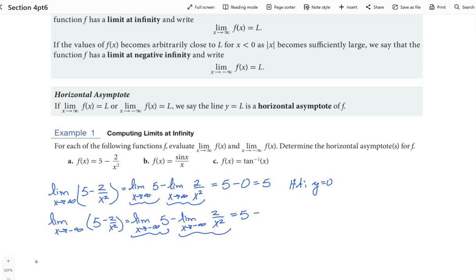As I plug in really small values, like negative 1,000,000, negative 1,000,000,000, that denominator is still getting large. It's going to be a positive denominator because I'm squaring all of those negative numbers. But even if it wasn't positive, that denominator is getting that big, so 2 over that large denominator is still heading to 0. So this one has a horizontal asymptote at y equals 5 as well.